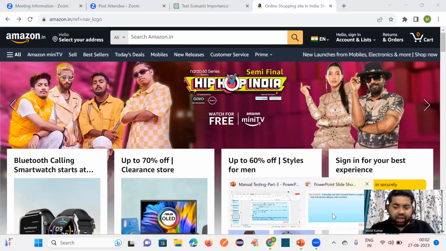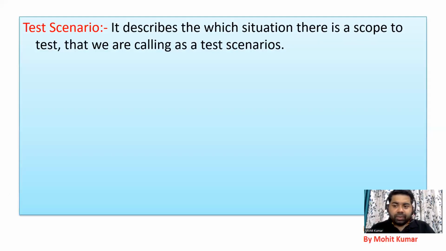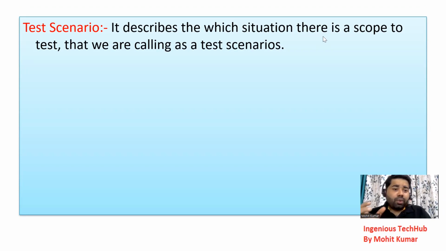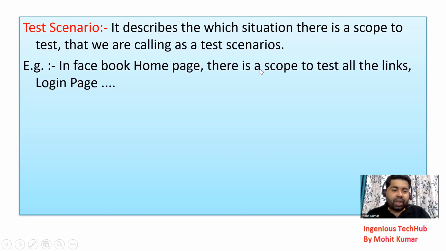Okay, so now you can see the definition: there is a scope to test, and that we are calling a test scenario. Like I have given the example of Amazon, you can take any example. Like on the Facebook homepage there is a scope to test all the links and the login page.